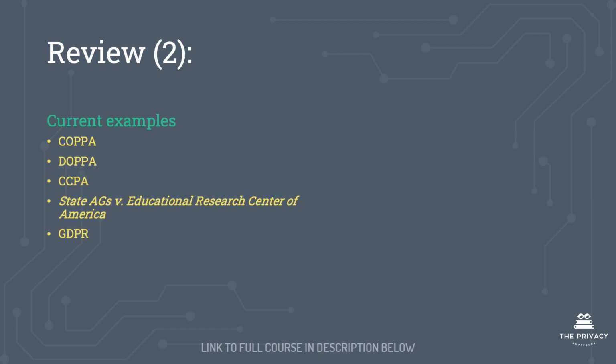And we concluded by looking at 5 different examples of children's privacy. We discussed COPPA, DOPA, CCPA, and the GDPR. And we also briefly summarized the enforcement action where multiple state attorneys general launched an enforcement action against the Educational Research Center of America.